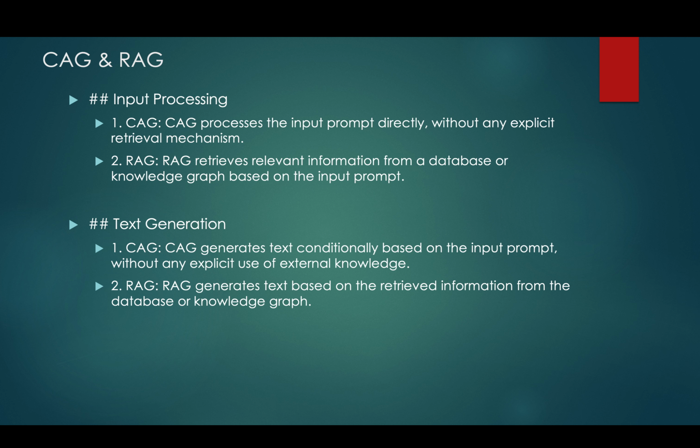Then comes the text generation: CAG generates text conditionally based on the input prompt without any explicit use of external knowledge, while RAG generates text based on the retrieved information from the database or knowledge graphs.